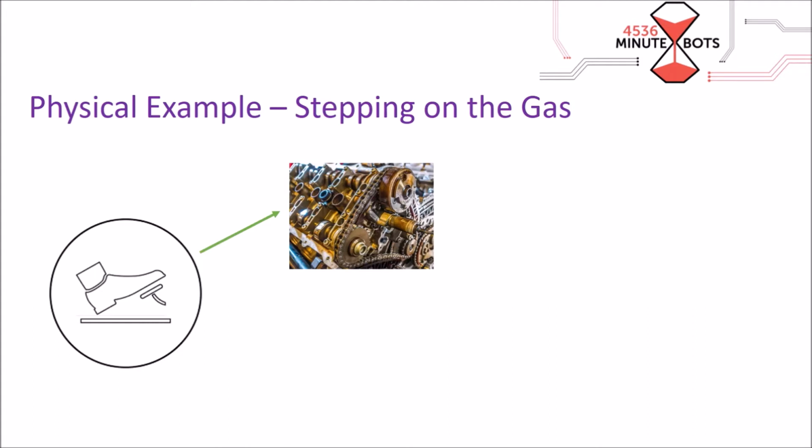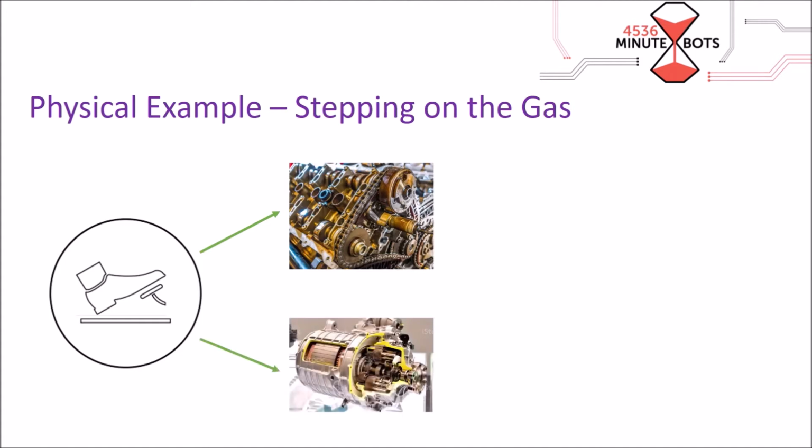Now here's the interesting thing about this. Let's say you're not driving a gasoline engine, as represented here. So when you step on the pedal, it actually is going to pass the information about the RPMs that are needed instead to an electric engine. Now the important thing to understand is the pedal doesn't care what the engine is. That is not its concern.